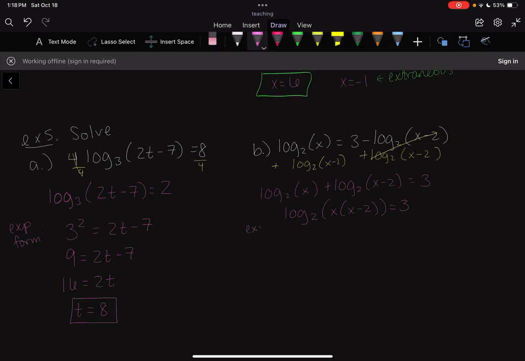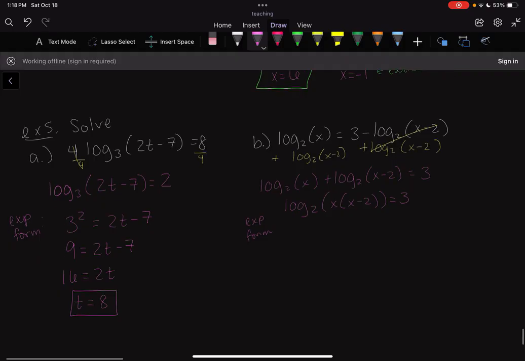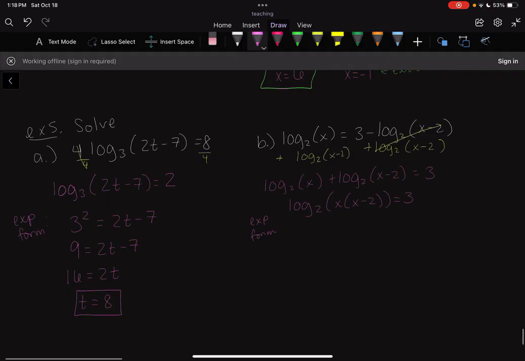In exponential form, because now I have my log by itself, I would have 2 cubed equals x times x minus 2. I'm going to distribute and simplify, so I get 8 equals x squared minus 2x.